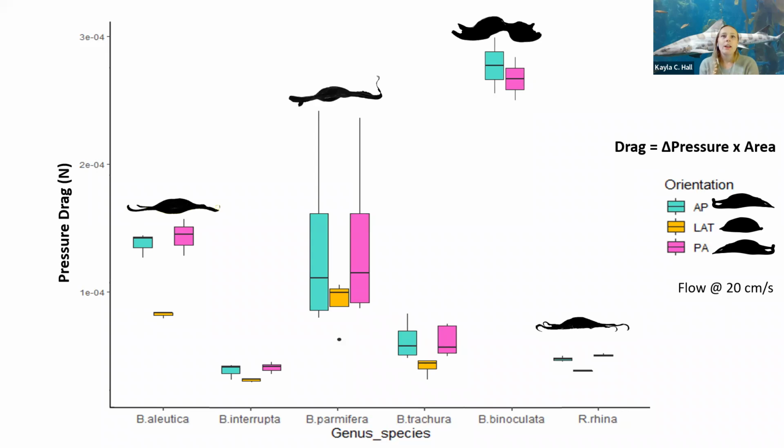So a lower drag, again, means that the species can withstand higher rates of flow and therefore are less prone to rolling away from the nursery site. So we might expect to see Interrupta and Rhina in more of a flexible environment that has higher changes in flow, and binoculata and Permifera that have a lower tolerance to high speeds.